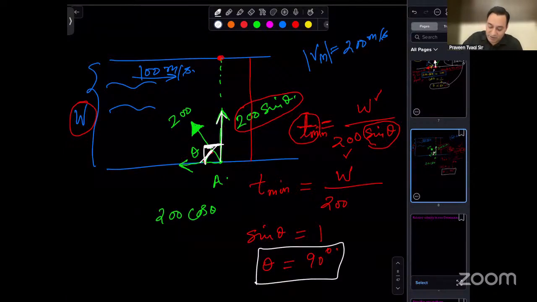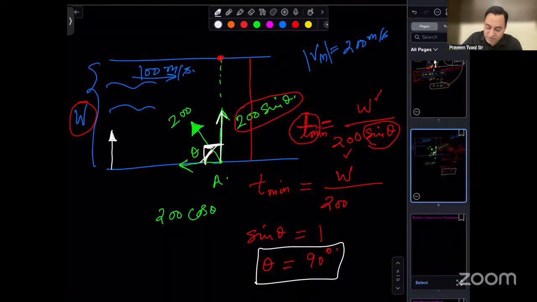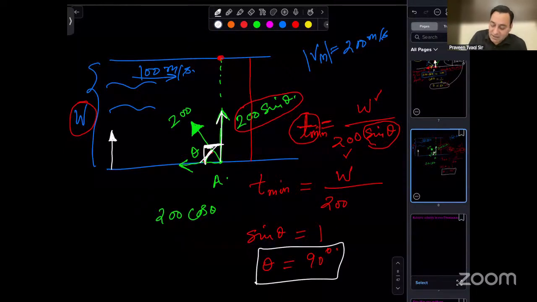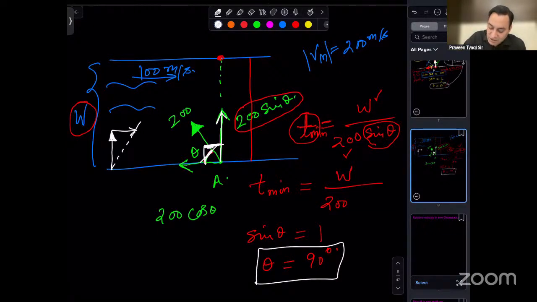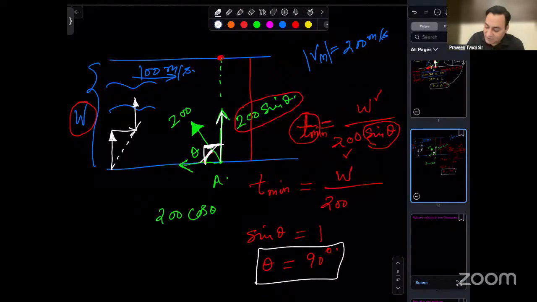So he will be trying to swim at an angle like this. He is putting his 200 meter per second, his full effort, in this direction. And the river will make him flow with 100 in this direction. His resultant will come out to be like this. But at every point, his effort is directed perpendicular to the river, at an angle of 90 degrees with the bank.